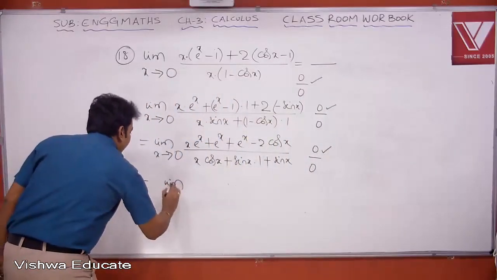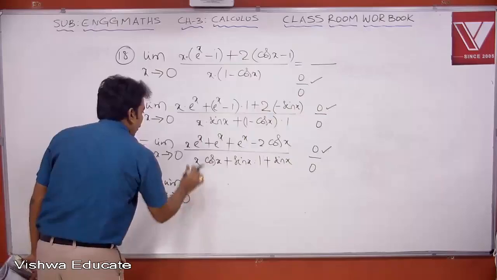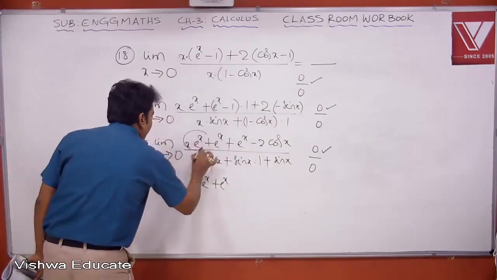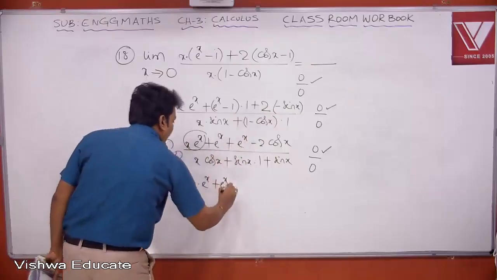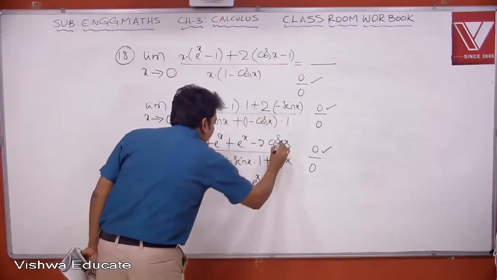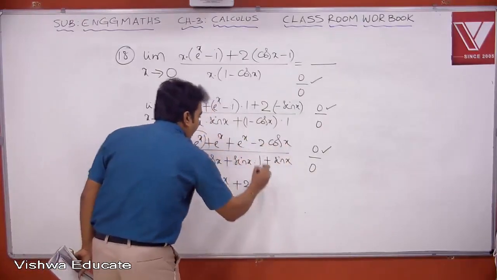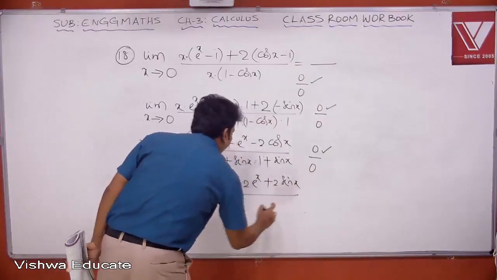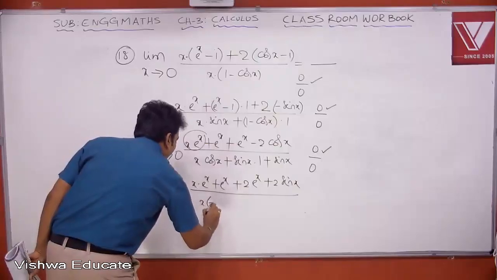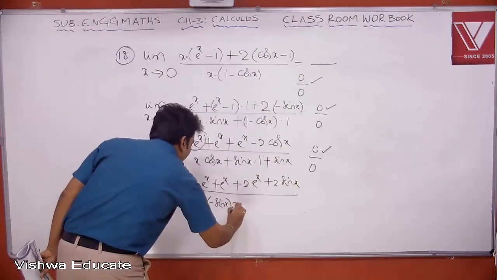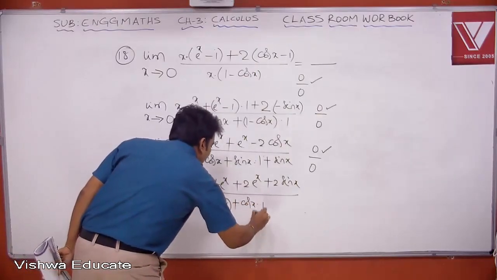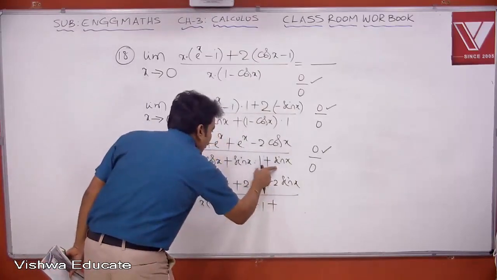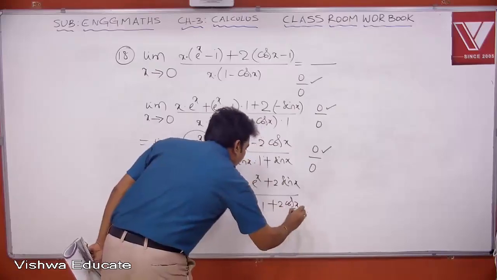So this will be limit x tends to 0. Now this is x into e power x plus e power x only for this. Now this is 2 e power x, derivative is 2 e power x. Cos x derivative minus, already minus is there, so plus 2 sin x divided by, apply product rule, x into cos x derivative, plus cos x into derivative of x which is 1, plus this is 2 sin x, derivative is 2 cos x.